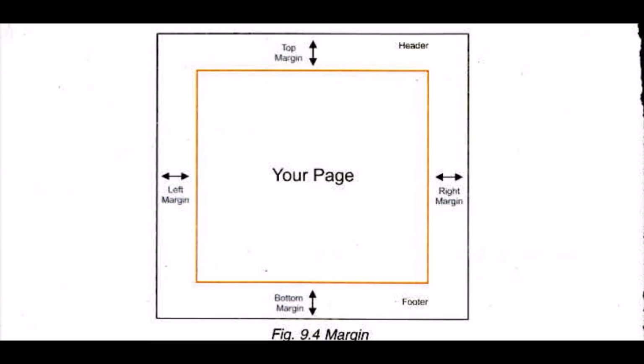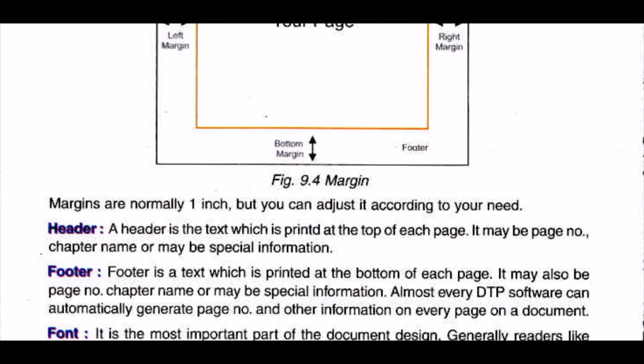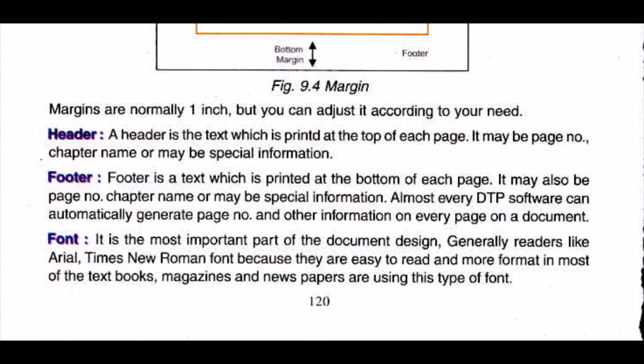And it again comes to header and footer. Have you seen the number of pages, 1, 2, 3, on top, or the chapter number on the bottom or in the footer? That is where header and footer come in. In Microsoft Word, by default, margins are normally 1 inch on all sides.